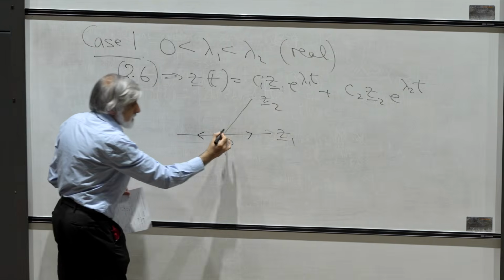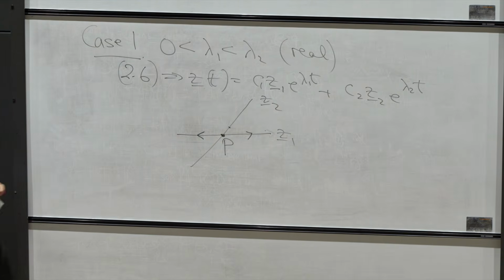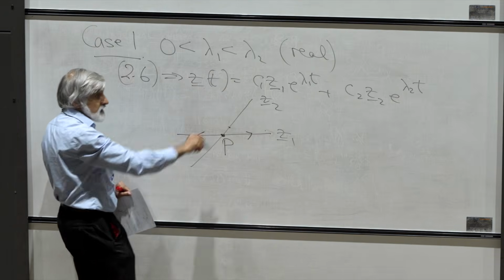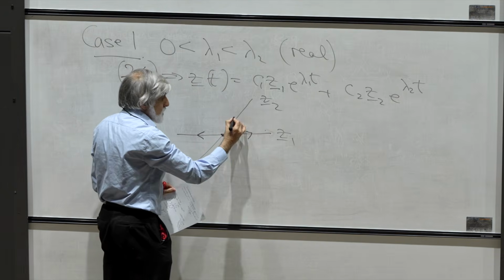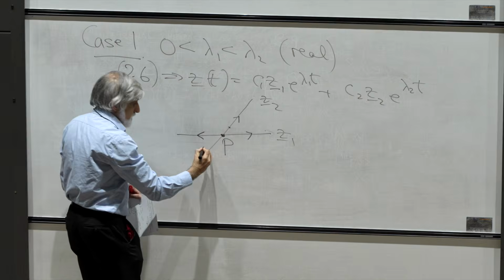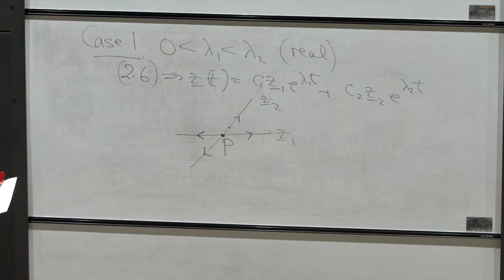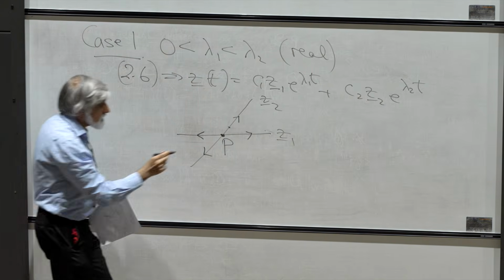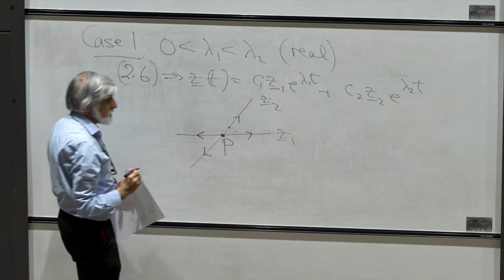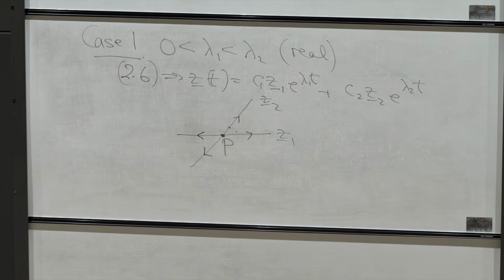Suppose I started off here. Then I've taken C1 to be 0. So I've just got C2 Z2, so I'll go there and go there. What happens if I start off here, where I've got a C1 and a C2?